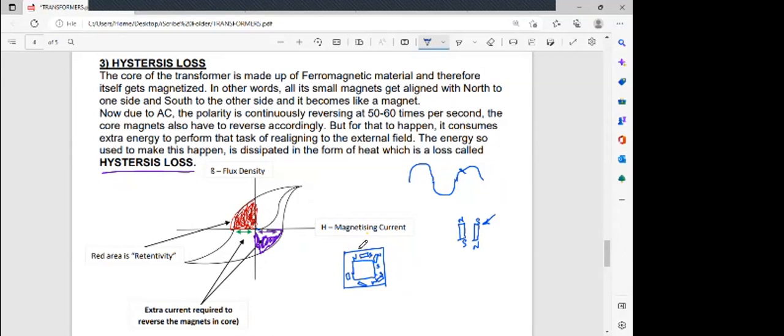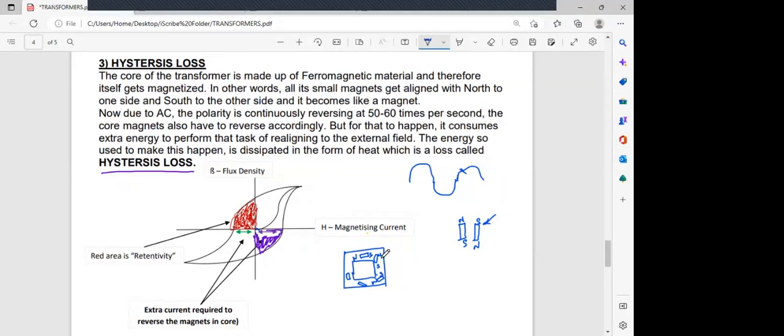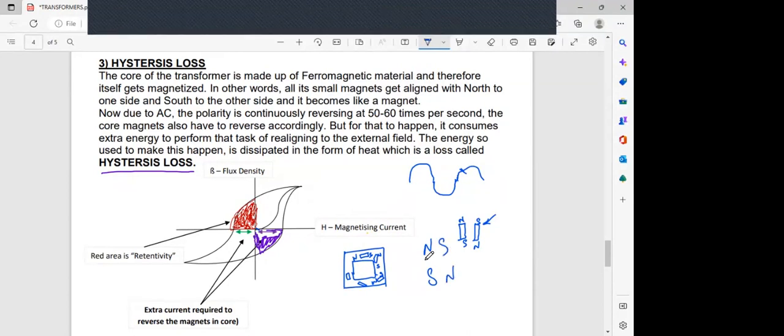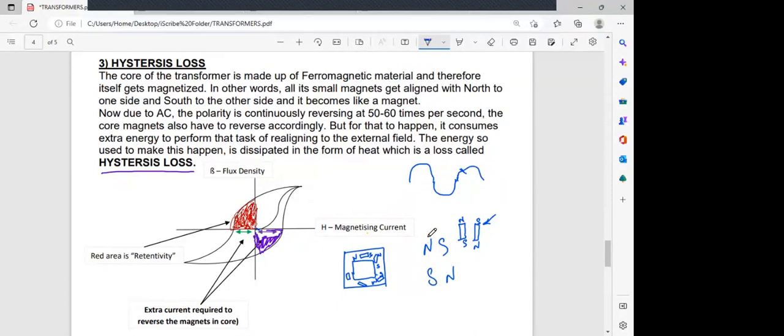Now, when you have your primary wound on that, that is also an electromagnetic line of force, which you saw earlier. You have north and south, and one time it is north-south, then it becomes south-north, as you saw, changing electromagnetic lines of force. So one time you are going to have north on the top, south at the bottom, and the next time you're going to have south at the top and north at the bottom.